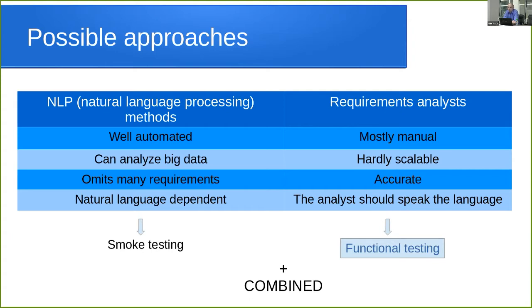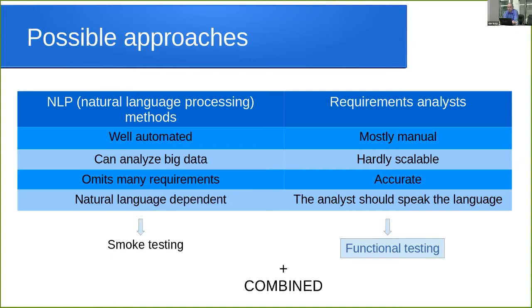But there are two key problems here that we should solve in order for this traditional approach to be effectively applied. The first problem, we need to automate as much as we can labor-intensive and routine tasks.